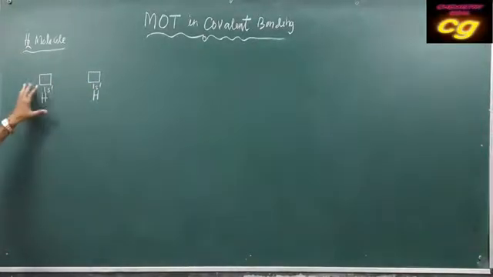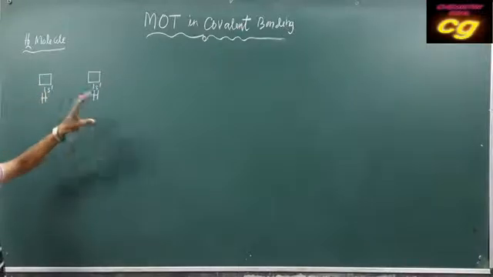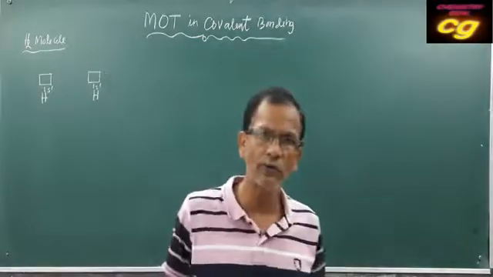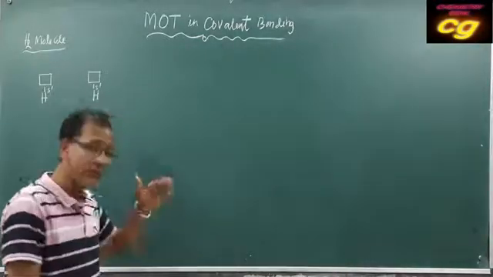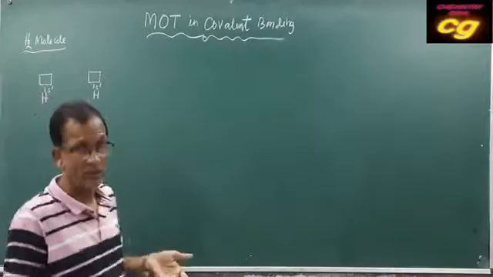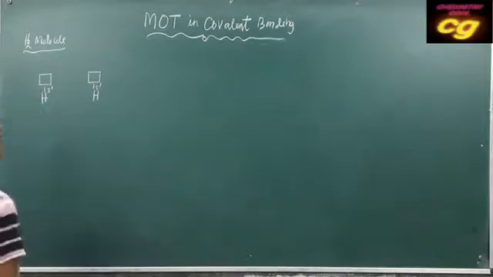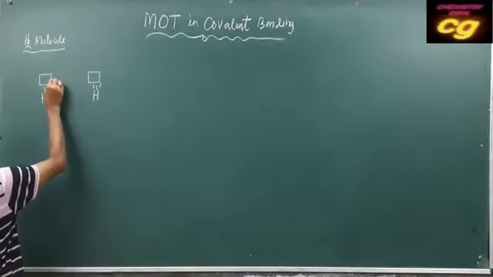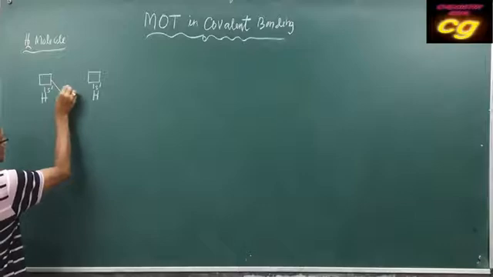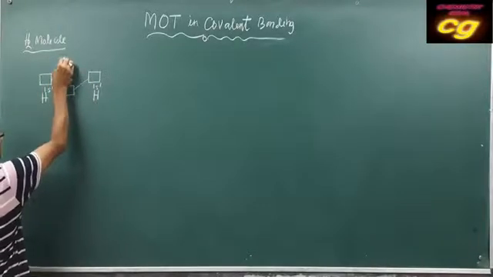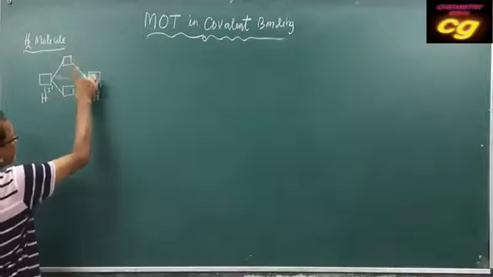When these two hydrogen atoms combine, the two atomic orbitals overlap, forming two molecular orbitals. One is bonding, which has lower energy, and the other is antibonding, which has higher energy.